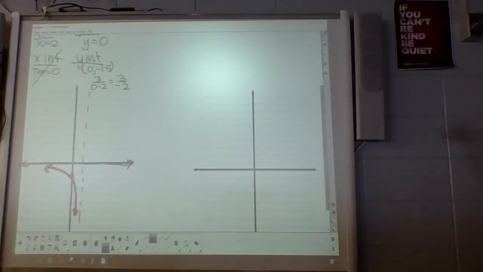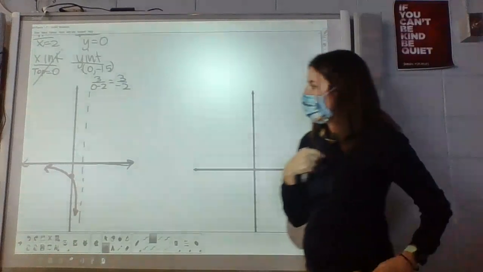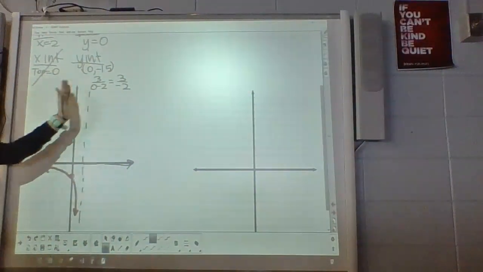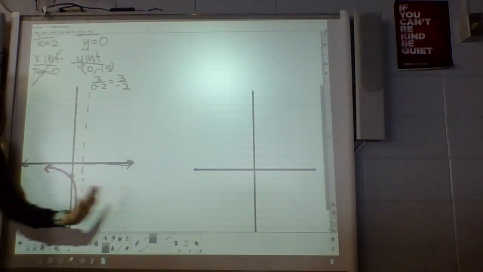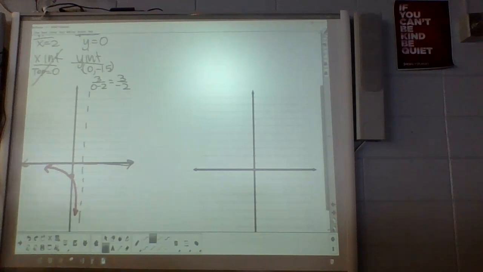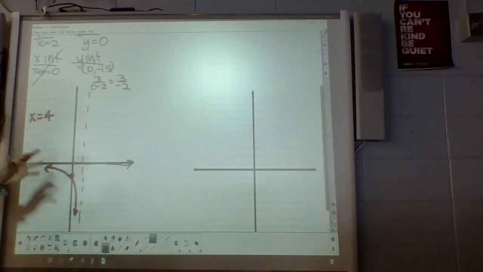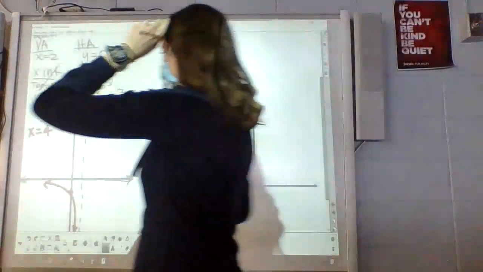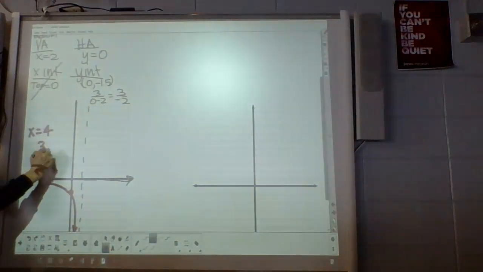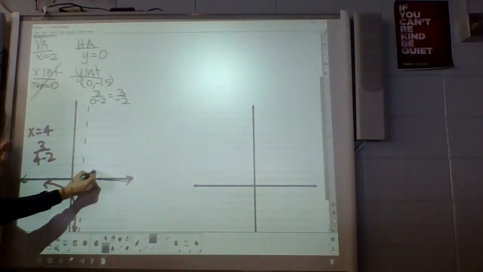Anytime there's more variables on the bottom than the top, it's just automatically y equals 0 as our other asymptote. So the asymptote goes right through the axis there.